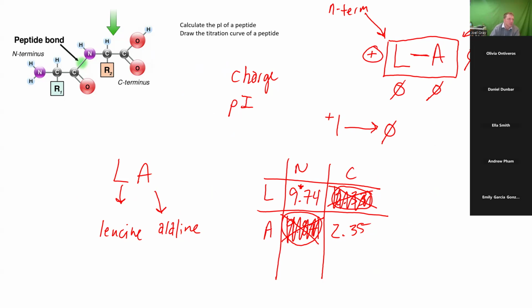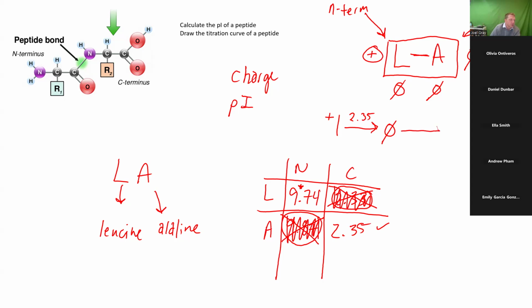My N termini has a +1 charge. That would add up to a 0 charge overall. So that means that pKa has been dealt with. I'm going to write 2.35 above my line that goes from +1 to 0.